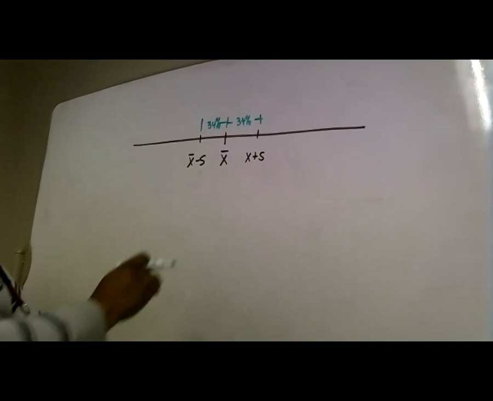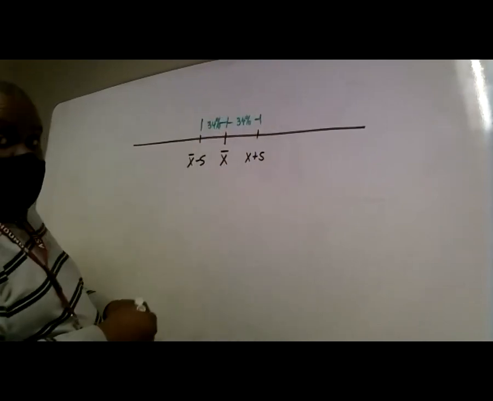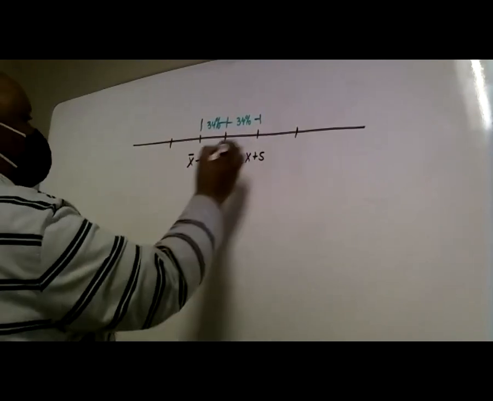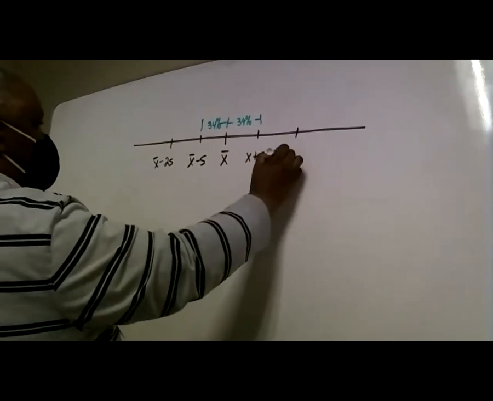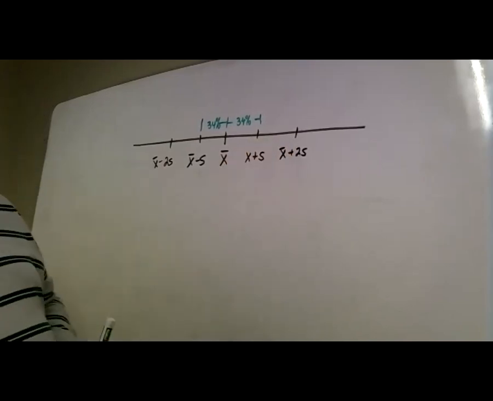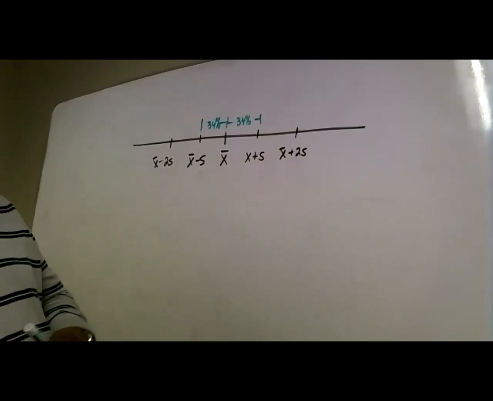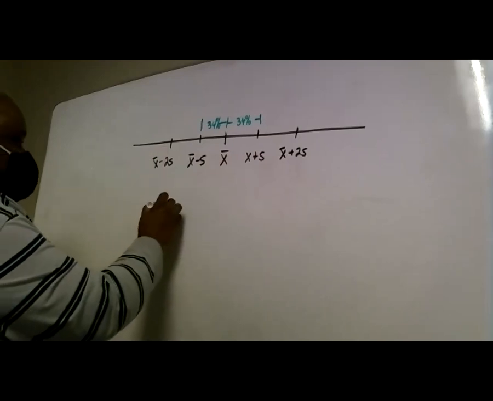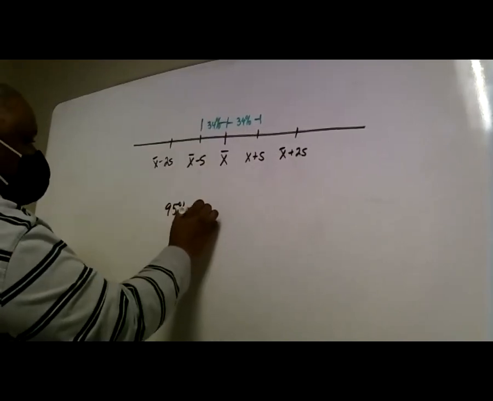Now let's go out 2 standard deviations of the mean. According to the empirical rule, or the 68, 95, 99.7 rule, 95% of the data values are within 2 standard deviations of the mean. We've already got 34 and 34, that's 68.